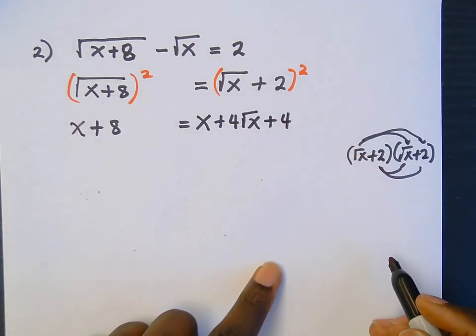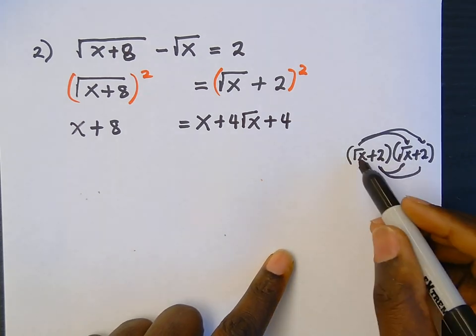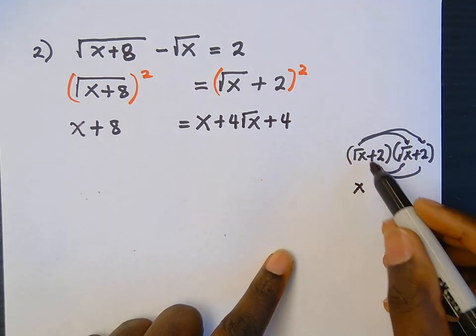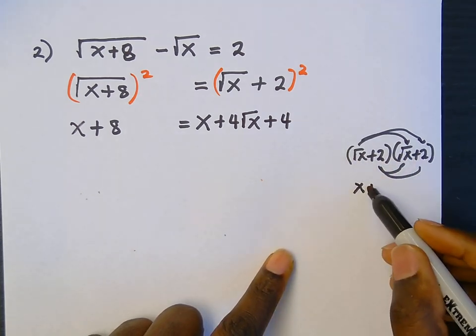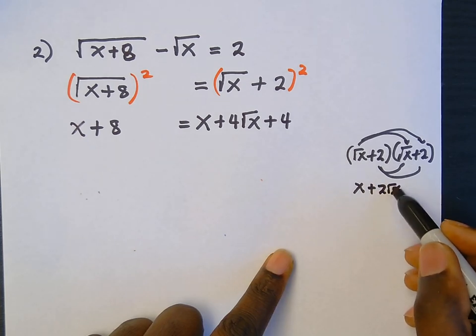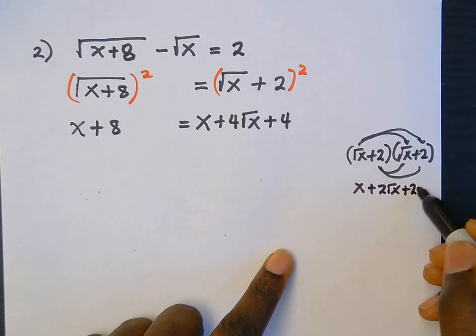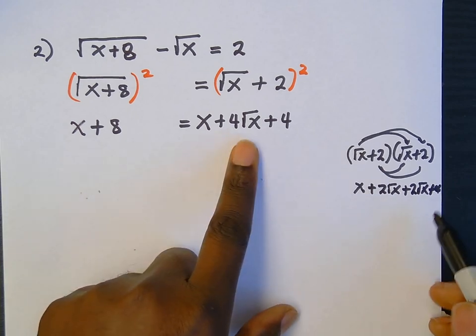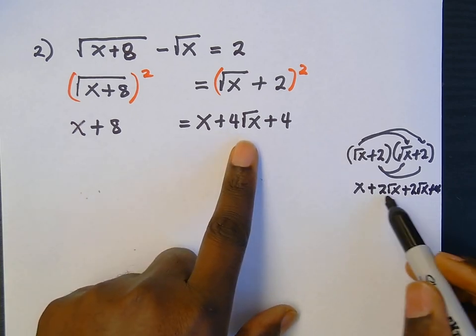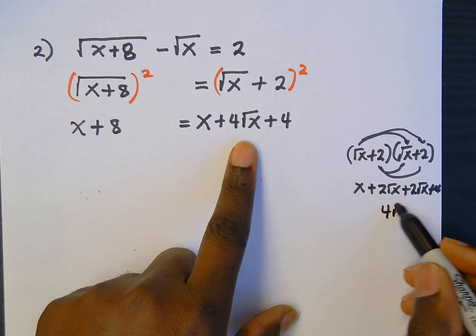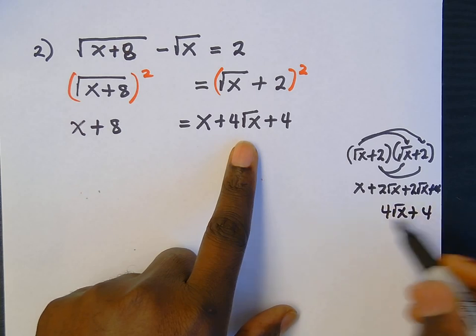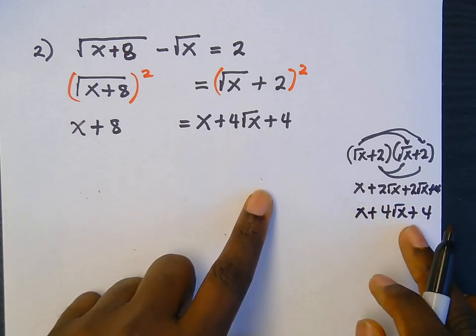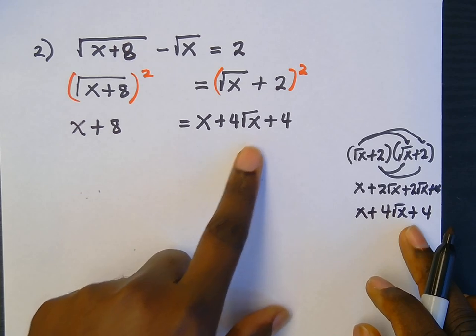I want you to go back and check. Radical x times radical x is x. Radical x times 2 is 2 radical x, plus 2 radical x, plus 4. And this expression is what I have here. When I combine like terms, 2 plus 2 is 4. So I have 4 radical x plus 4. This is what I did to get this expression.